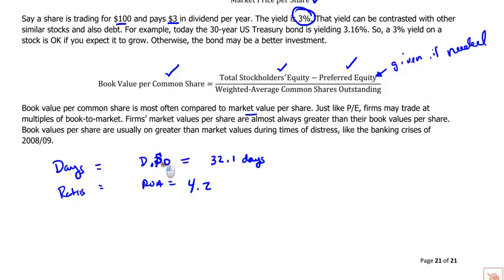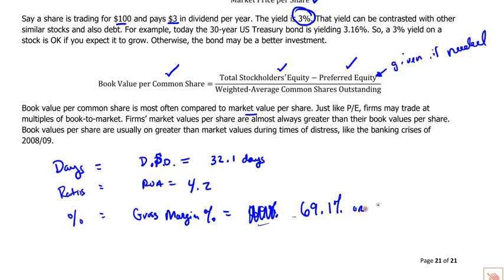I'll put DSO here for days sales outstanding for that one. And for the percentages, you can either just put, let's see, gross margin percentage equals 69%. Actually, let's go to the first decimal point. 69.1% or 0.691. Either way. Okay.